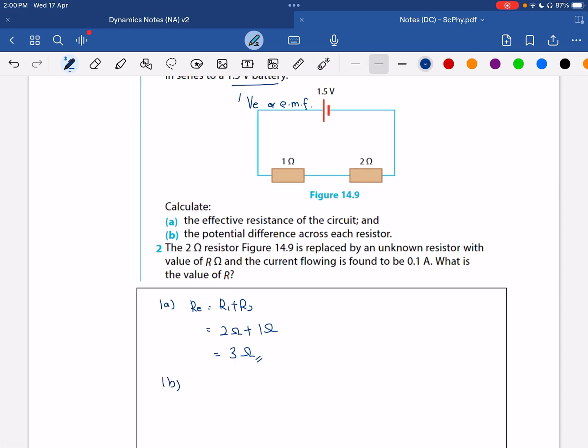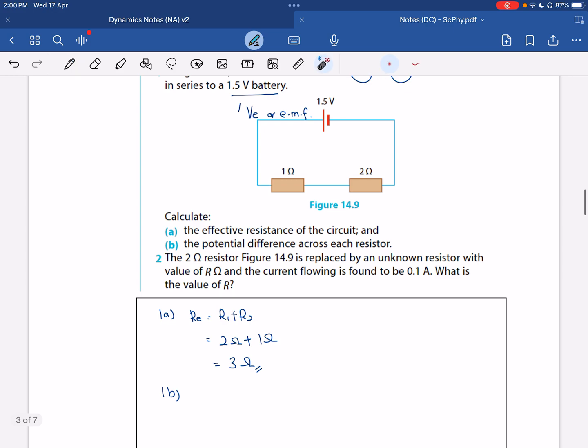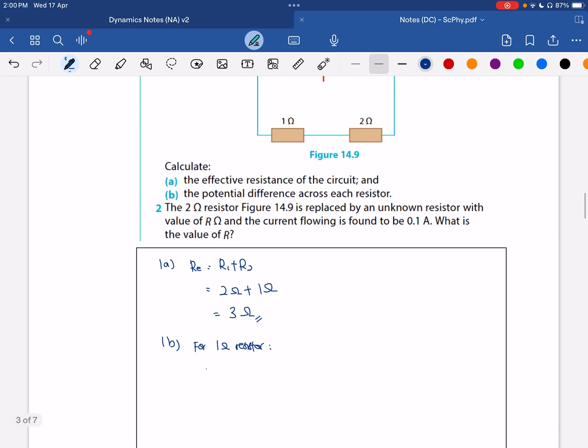1B, what would be the potential difference across each of the components? Because they have different resistances, the potential difference will be different for each of them. So for the 1 ohm resistor, V equals IR. Depending on what formula you want to use, you can use R equals V over I also.